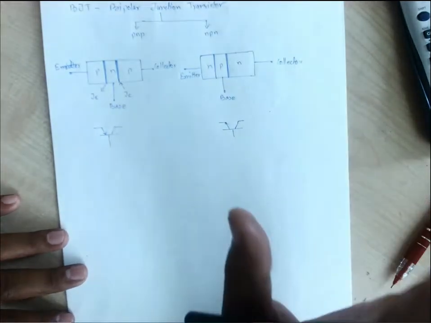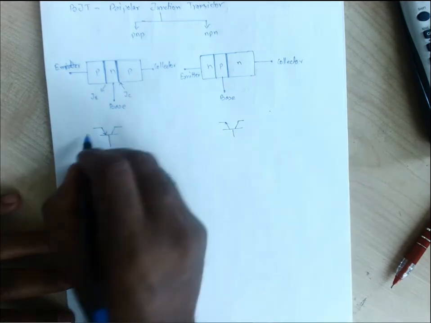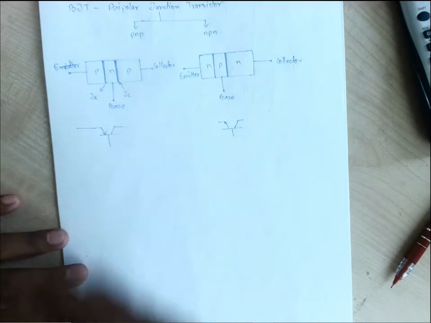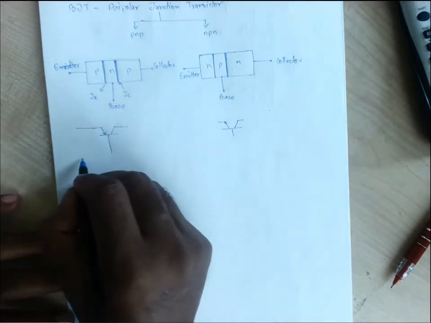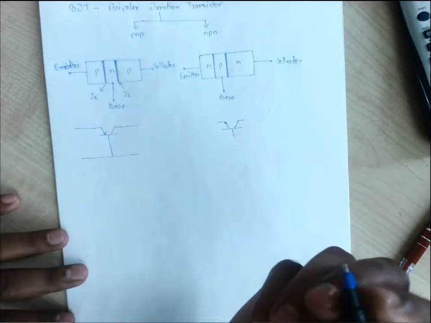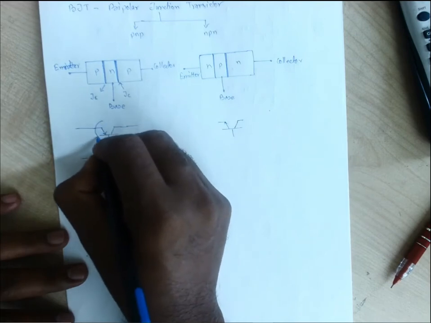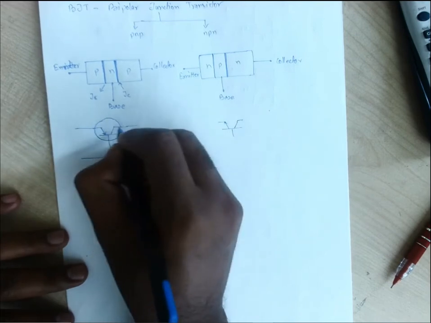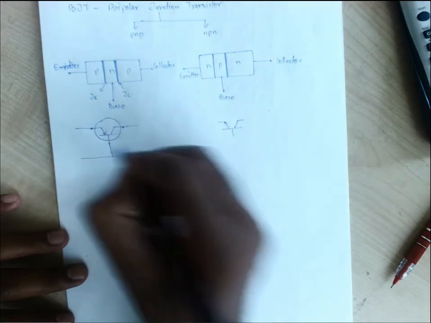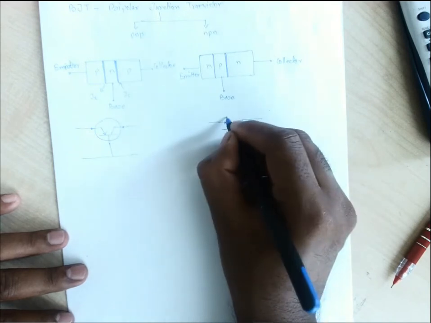Now, for the most general case, when it is connected to any circuit or configuration, we find different currents flowing through the base, collector or emitter. These are the terminals, and the same for this case.